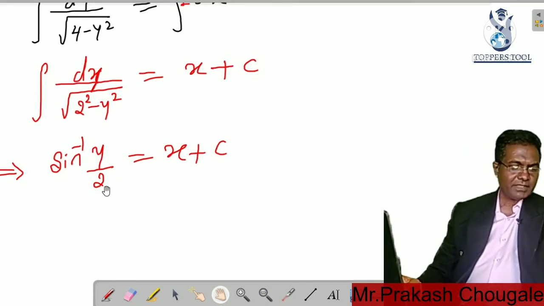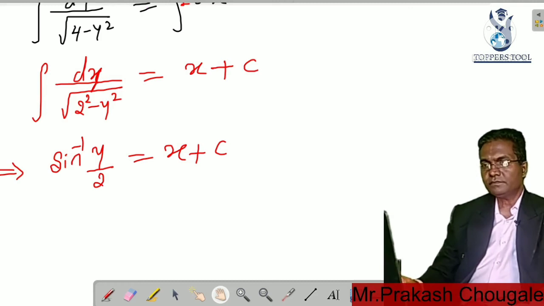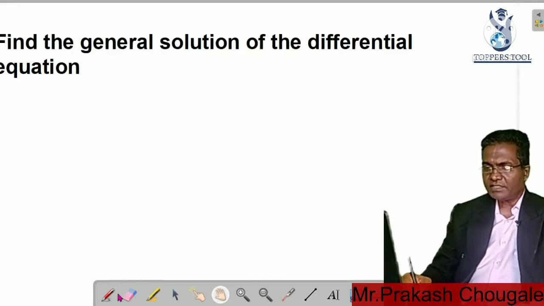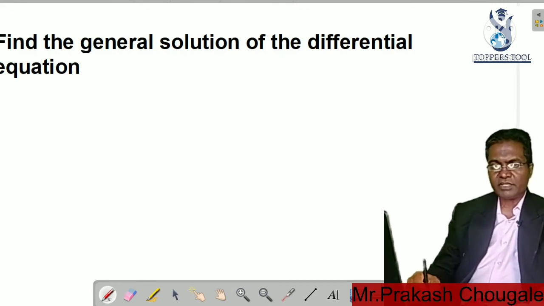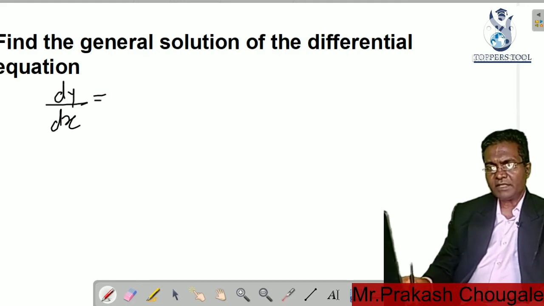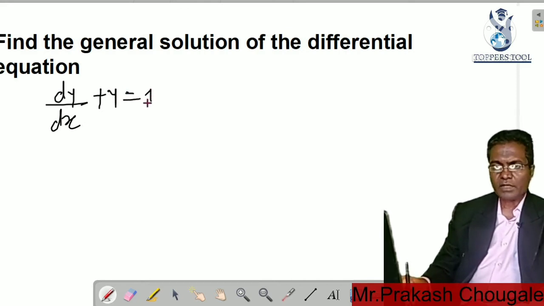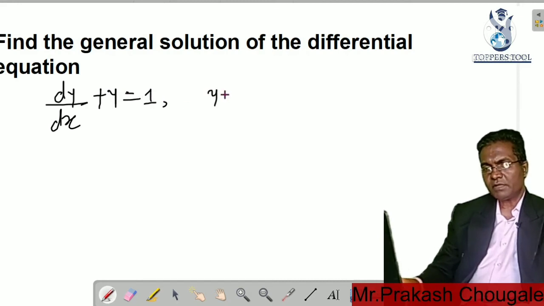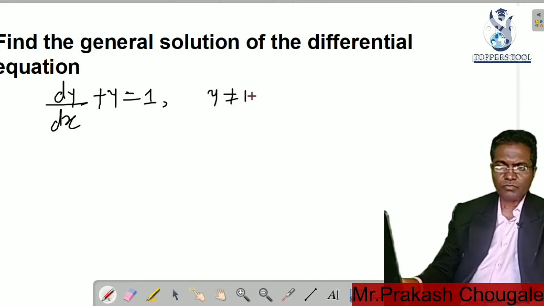Let's have another example. Find the general solution of the differential equation. This is question number 3. dy by dx is equal to (y plus 1) plus y equals 1, where y must not be equal to 1.